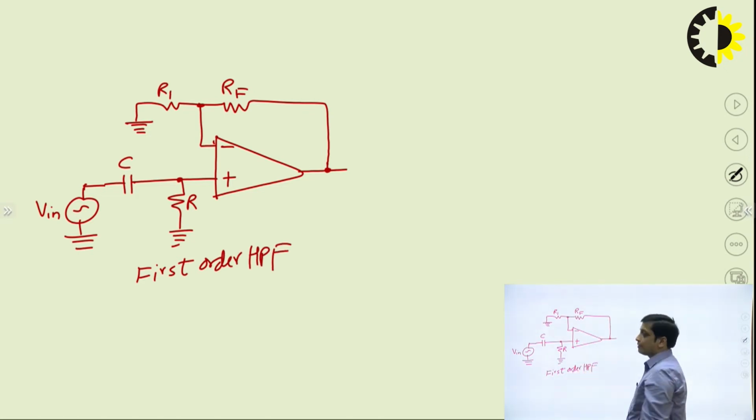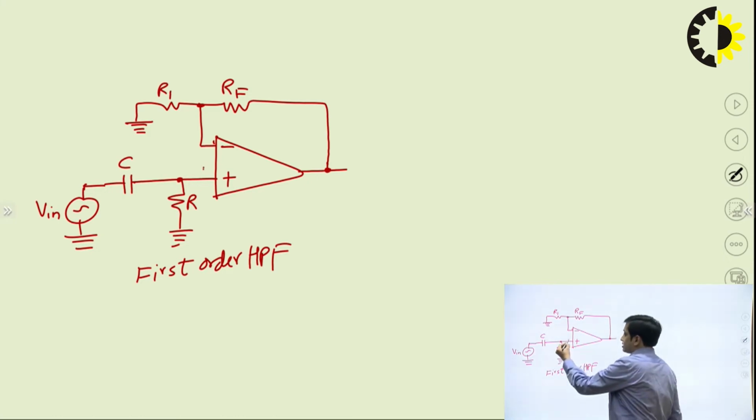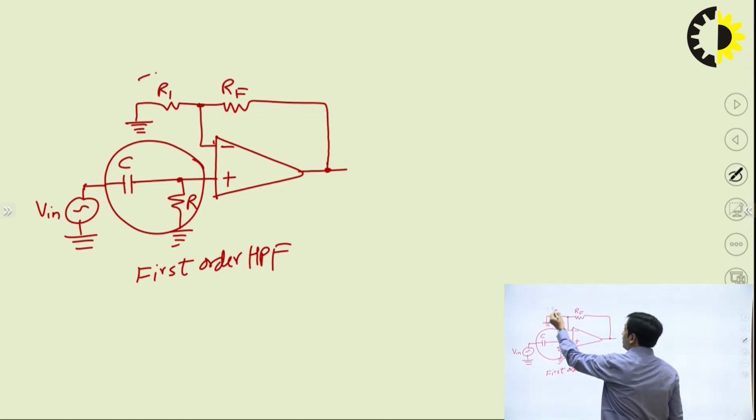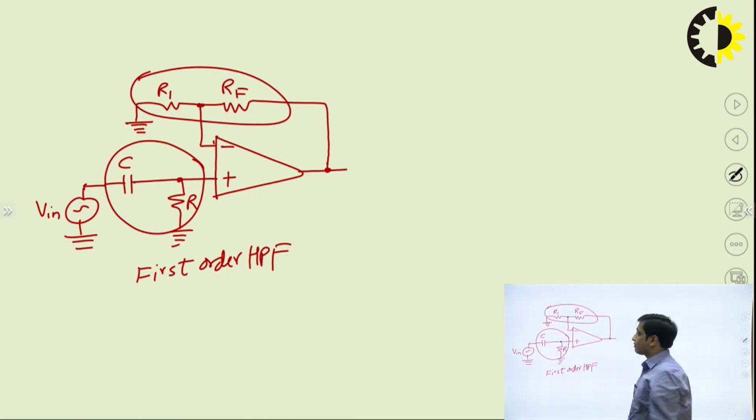It is first order because there is only one RC section, the filter function is performed with the help of this RC section, and the gain is provided by these two resistors R1 and RF. This is the non-inverting configuration of the op-amp because the input signal is applied at the non-inverting terminal, and the advantage is that its input impedance is high, which is desirable in order to avoid signal loss.